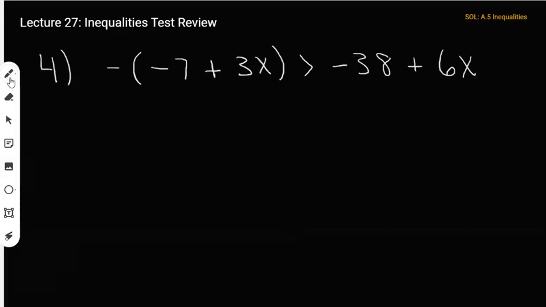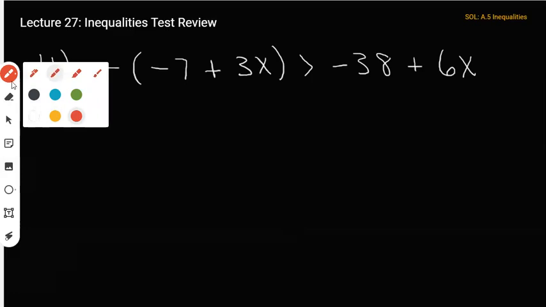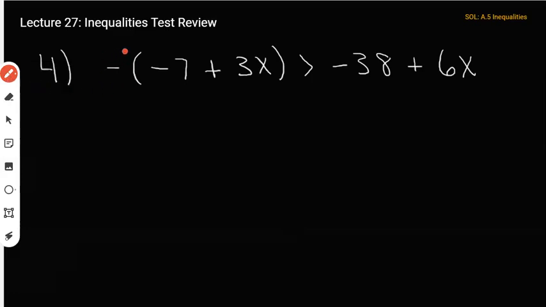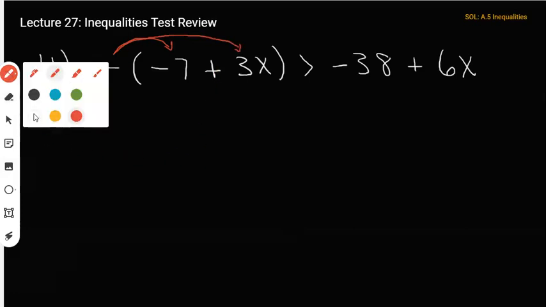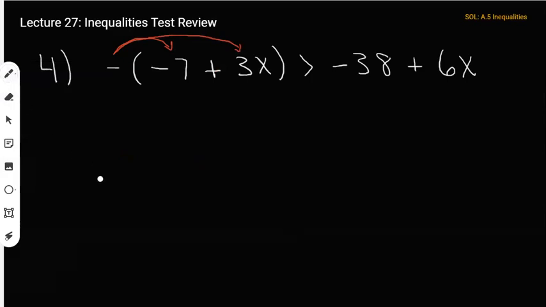So the first thing that I want to do here is take that negative that's on the outside and multiply it by everything on the inside. So I'm going to draw an arrow to the -7 and the positive 3x. So a -7, that's a double negative.